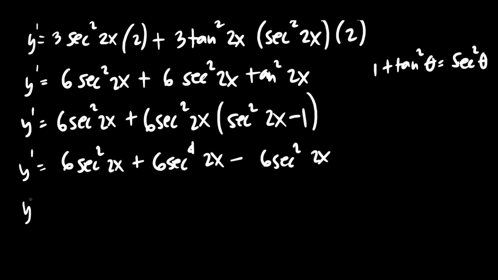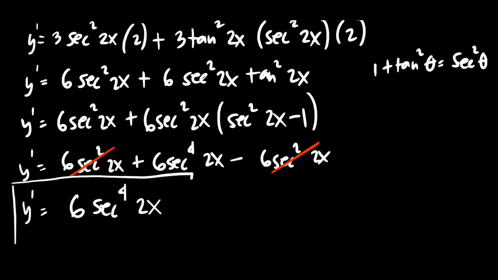We have y prime equal to, so we will cancel this: 6 secant squared 2x minus 6 secant squared 2x is just equal to 0. So we'll just cancel this one. Sorry for the mispronunciation. So we have 6 secant raised to the power 4 of 2x as our final answer.